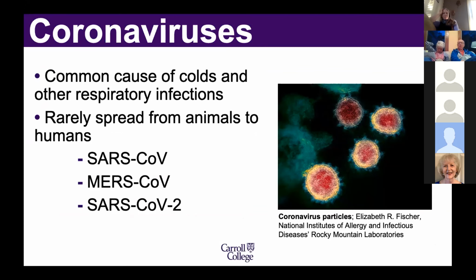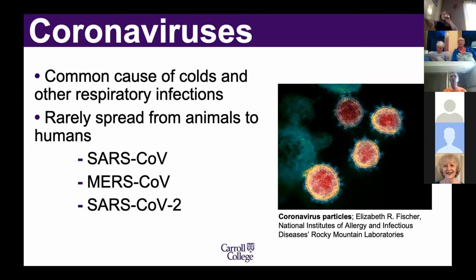Coronaviruses are a large family of viruses that usually cause mild illnesses like the common cold. Coronaviruses get their name because when viewed under electron microscopy, each virus particle is surrounded by a corona or crown. Coronaviruses are really common in humans. They're also found in a variety of animal species, including pigs, camels, cats, and bats.